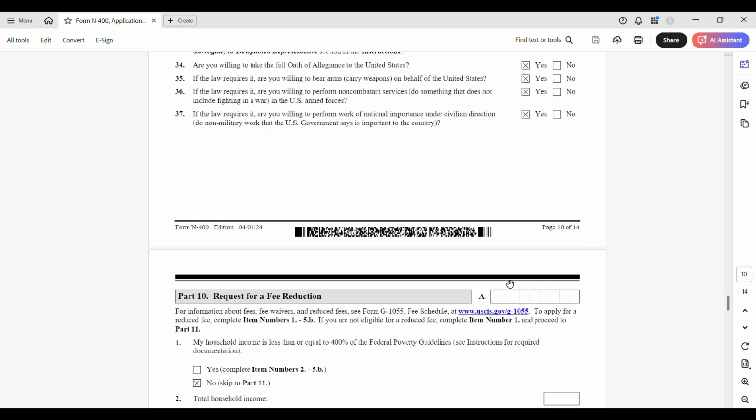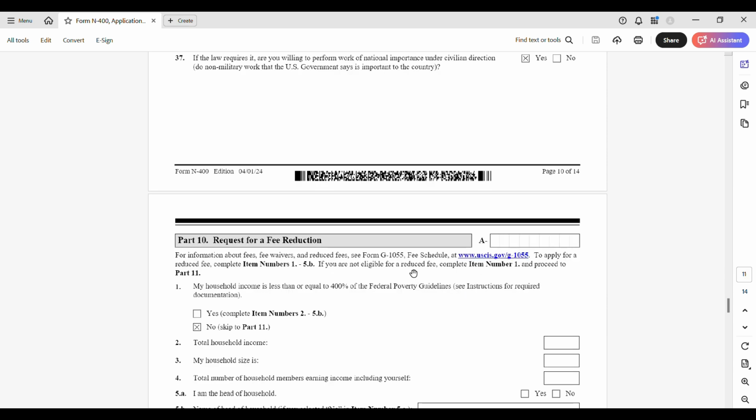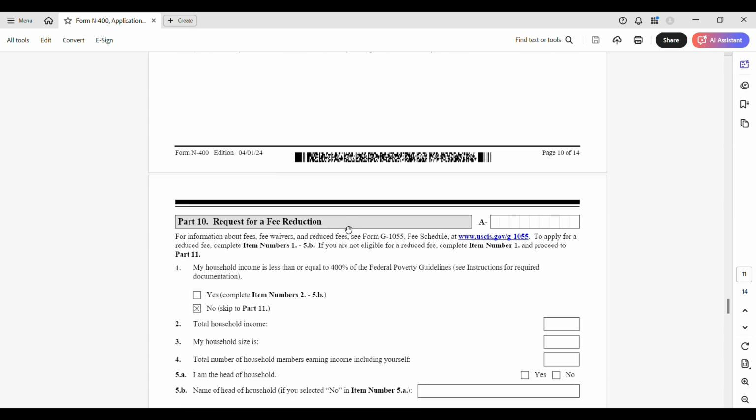citizen. We're moving on to part 10. Request for a fee reduction. For information about fees, fee waivers, and reduced fees, see Form G-1055.